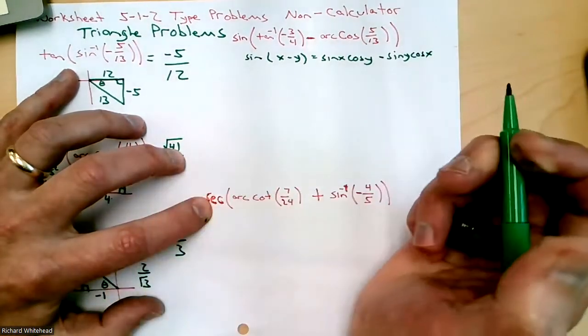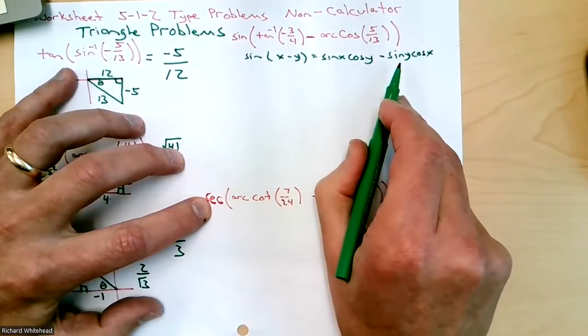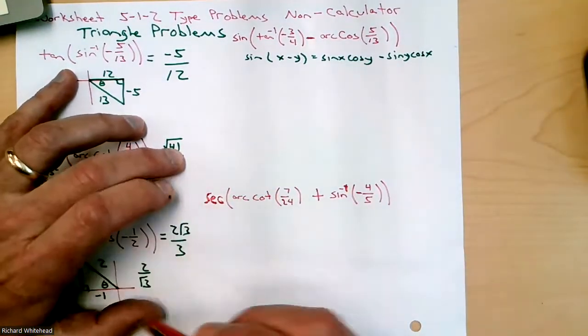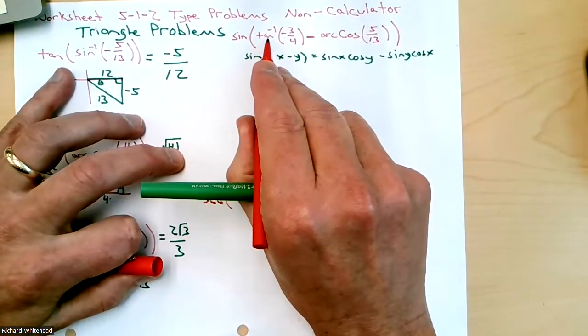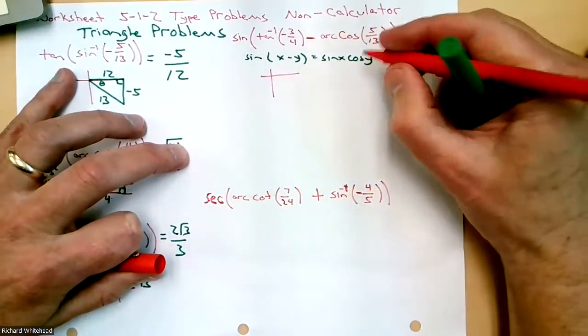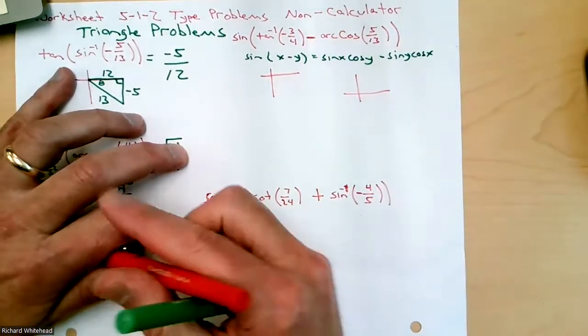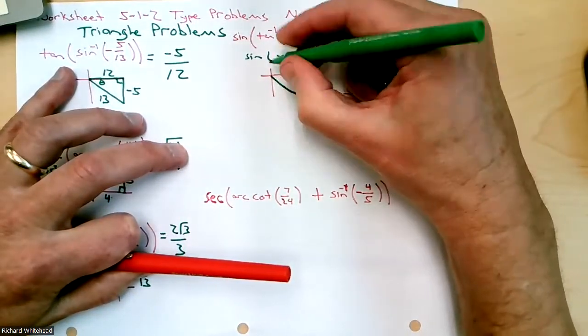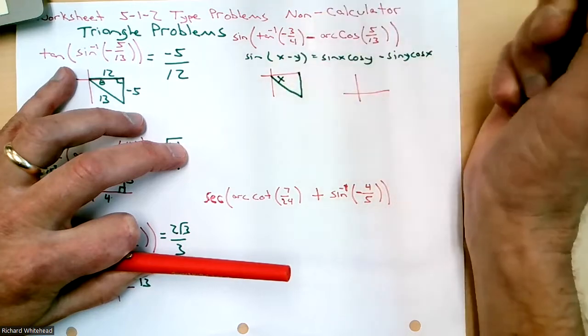And we're going to give you the formulas, so don't panic. Same routine. Inverse tan is negative, so that's going to be fourth quadrant. I have to draw a fourth quadrant angle. That's going to be my x.